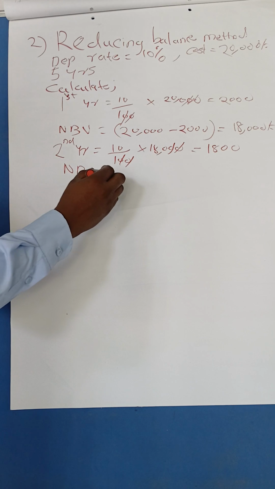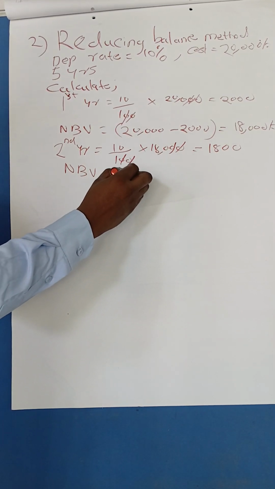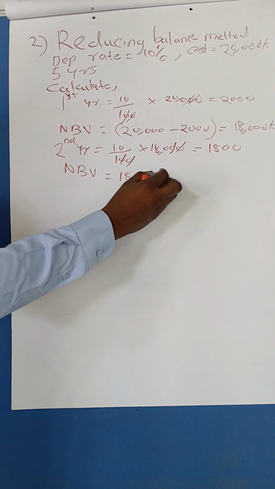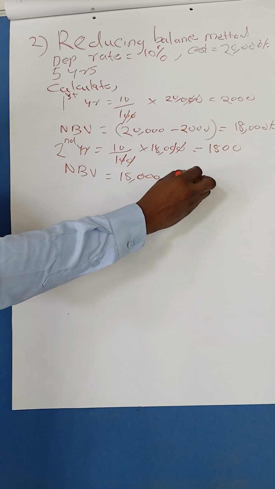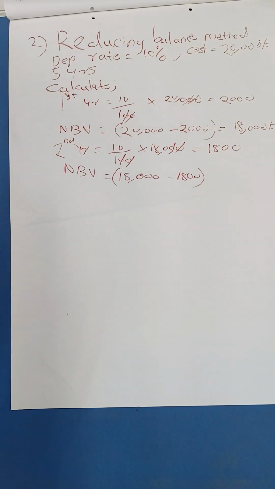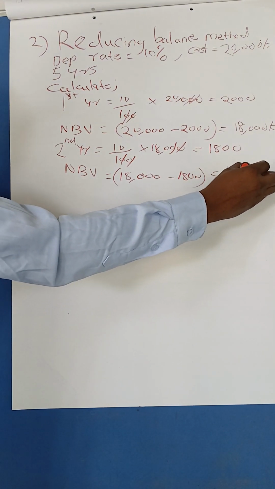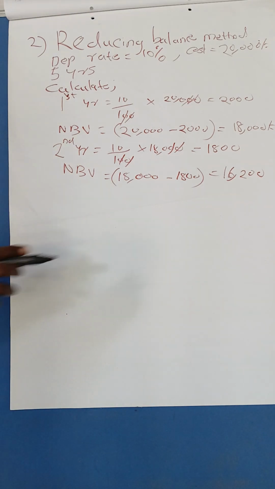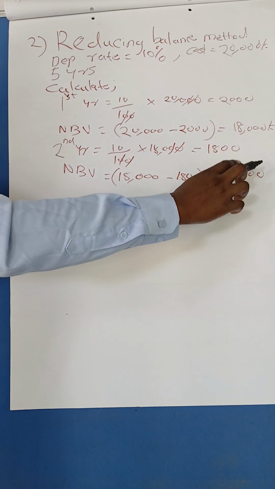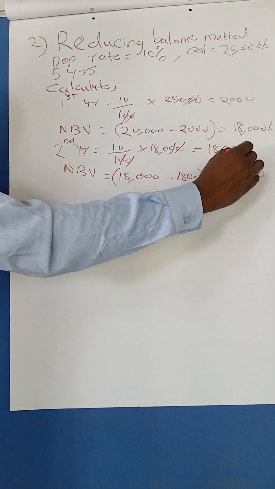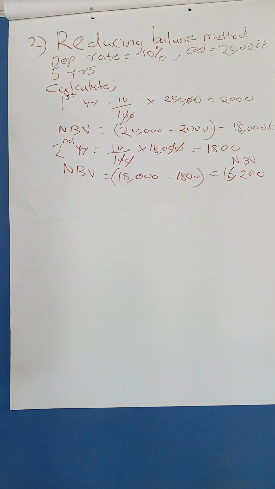It will be 18,000 minus 1,800, which gives 16,200. This is the new book value. We are going with it to the next year.